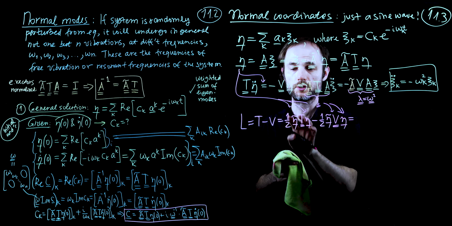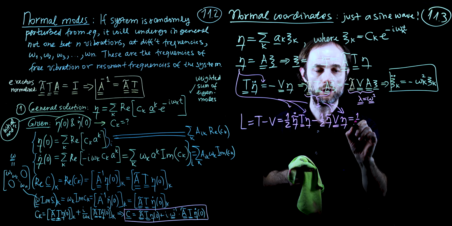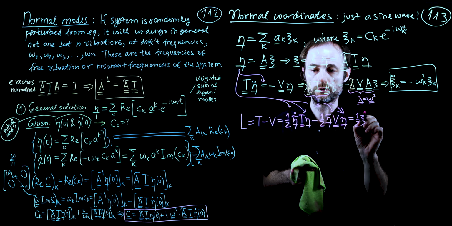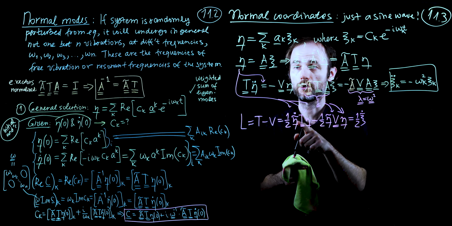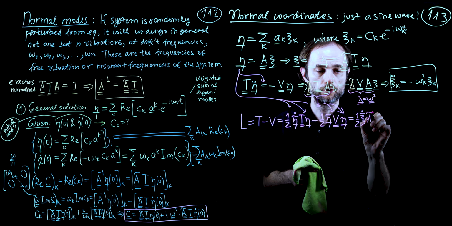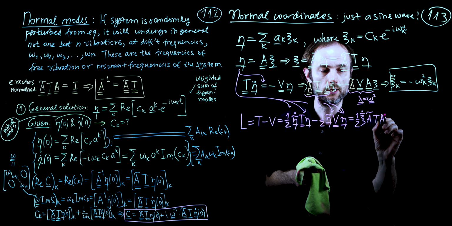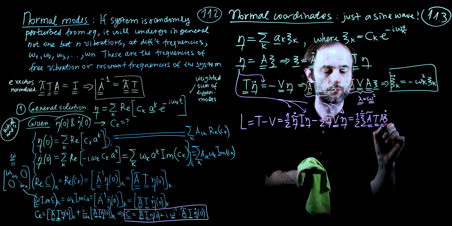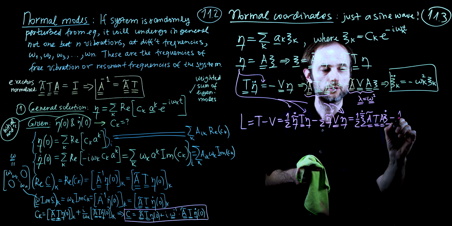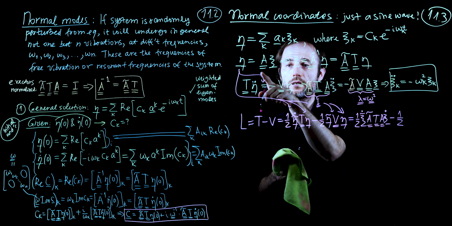If we plug in this here and do the transpose, then psi is going to come up on the front. So it's going to be psi transpose dot. And then here we're going to get A transpose times T. And then from here we're going to get A. And then we're going to get psi dot over here as well. And then we're going to subtract off 1/2 eta transpose V eta.